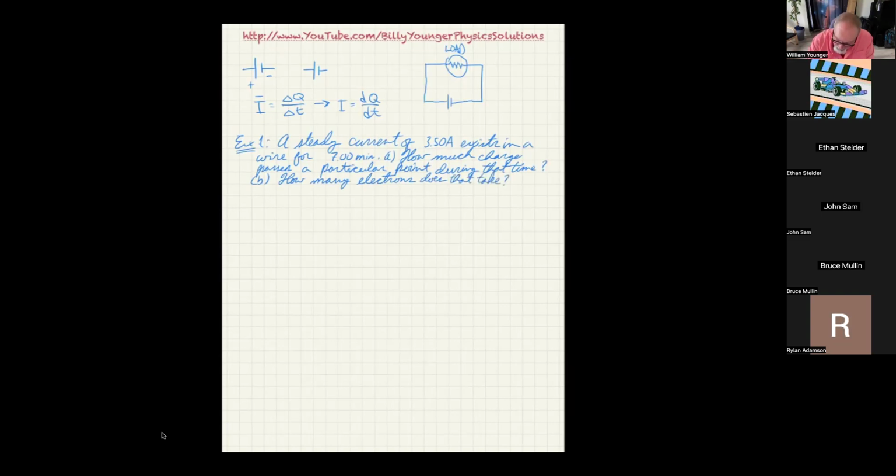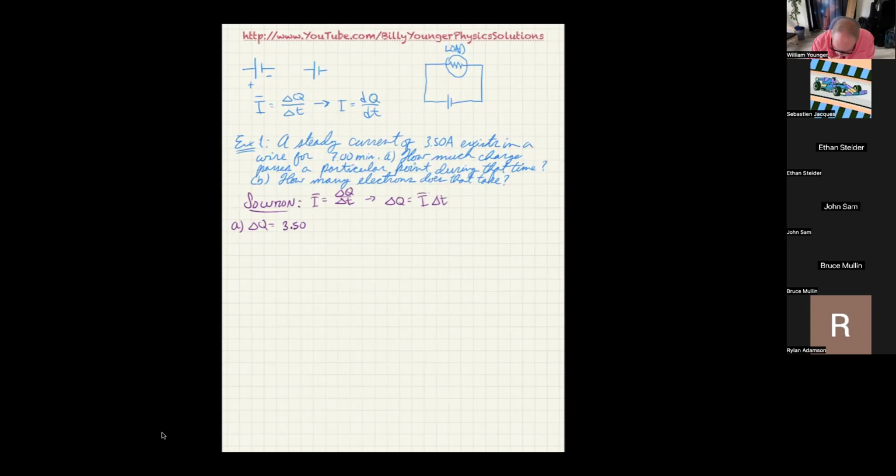Okay. So our solution is we're going to employ I average is equal to delta Q over delta T. Therefore, delta Q is equal to I times delta T. So for part A, I'm going to say delta Q is equal to 3.50 amps.